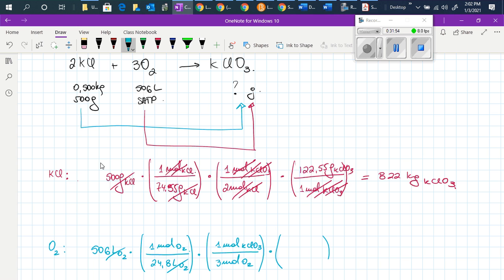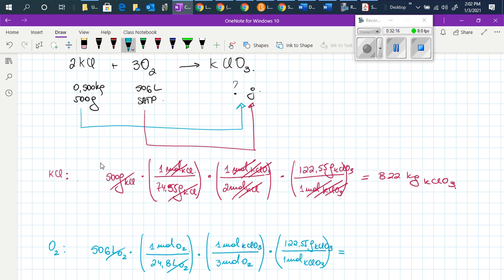Then you use the molar mass, 1 mole of KClO3 is 122.55 grams of KClO3.